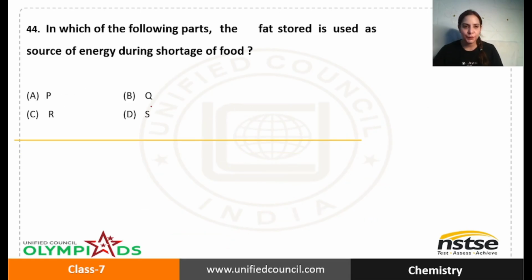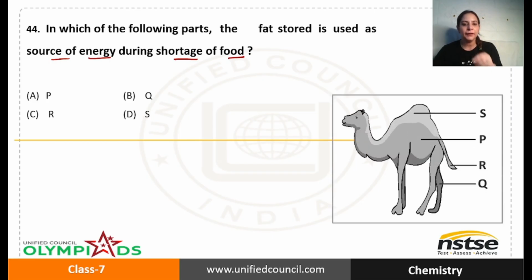Moving on to the next question. In which of the following parts is the fat stored used as a source of energy during shortage of food? We have this figure. I hope you can recognize this animal shown in the figure. Yes, you got it right.